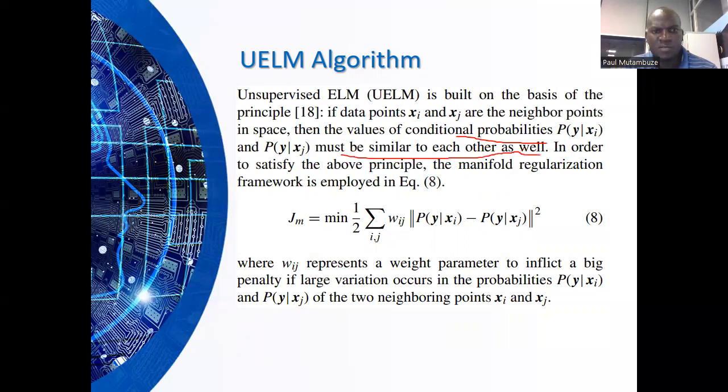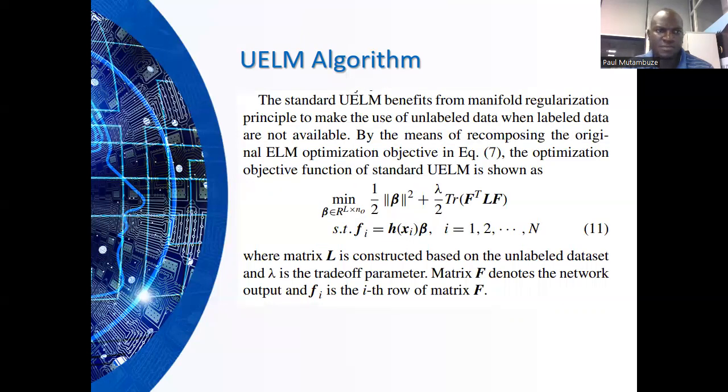In order to satisfy this principle, the manifold regularization framework is employed in this equation, where w, i, and j represent the weight parameter. It inflicts a big penalty if a large variance occurs between the probabilities of y given xi and y given xj of the two neighboring points, xi and xj.